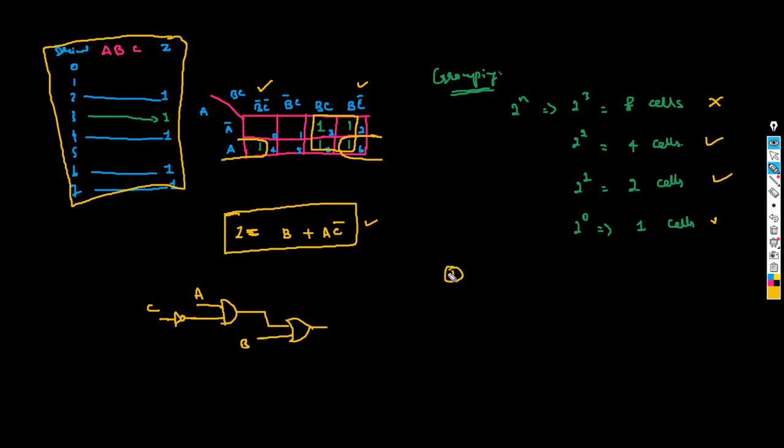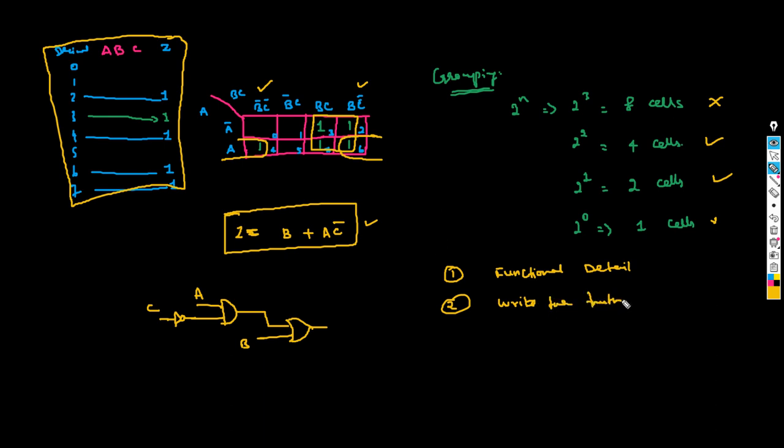What is the first step when it comes to Karnaugh map? First thing is your functional detail, how many combinations we have. Then you need to write the truth table. I have not written the whole truth table, but that is always the best thing, the truth table.